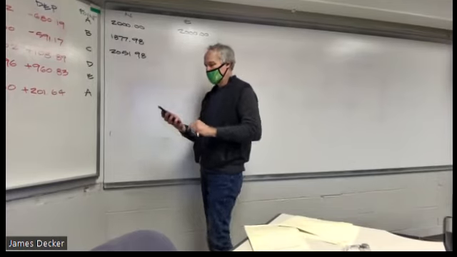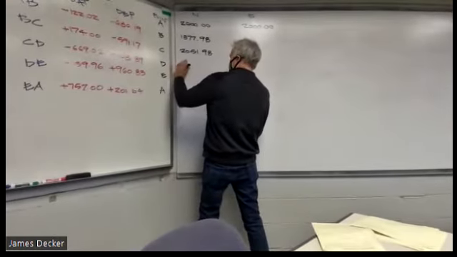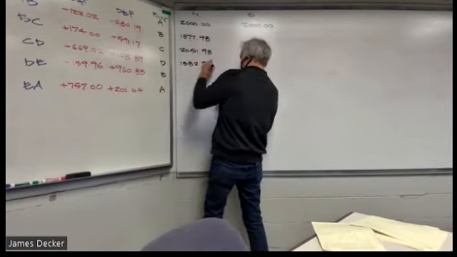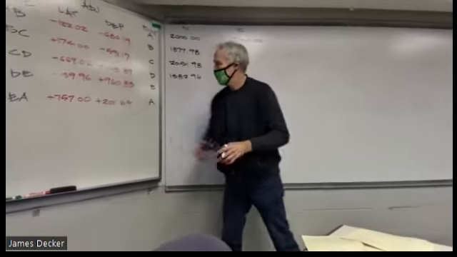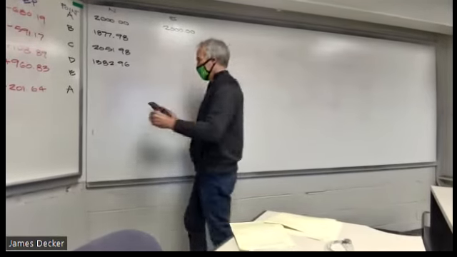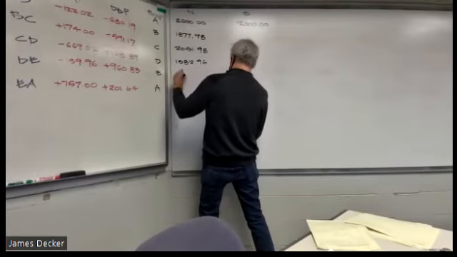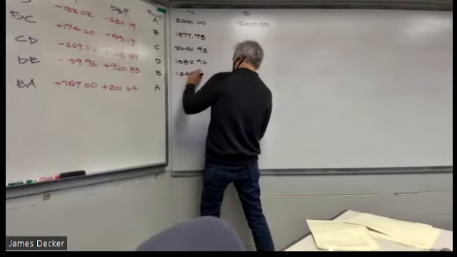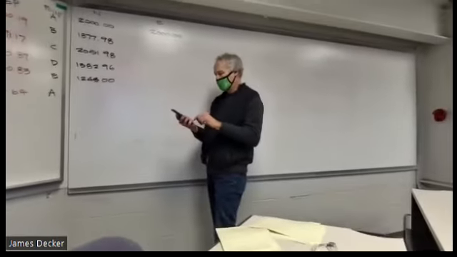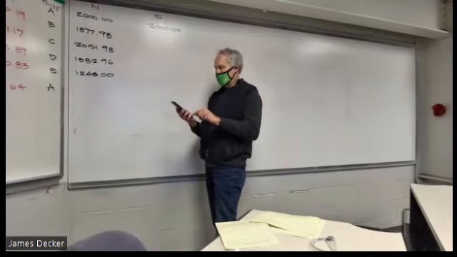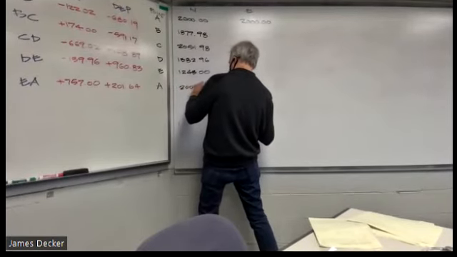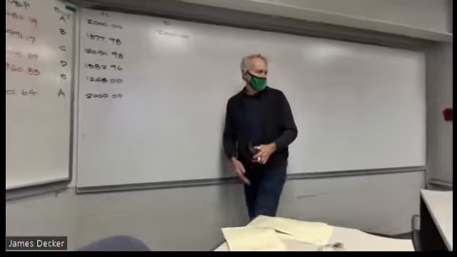Remember, I'm doing algebraic addition. Take that plus that. And then ultimately, this should bring me back to 2000. If it doesn't, then I did something wrong. In this case, it's just a math, an addition or subtraction mistake. That checks. There's my coordinates.